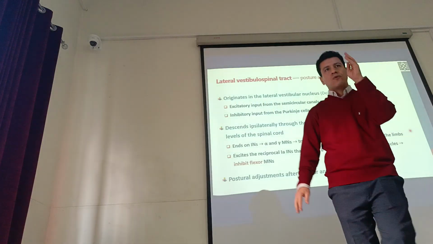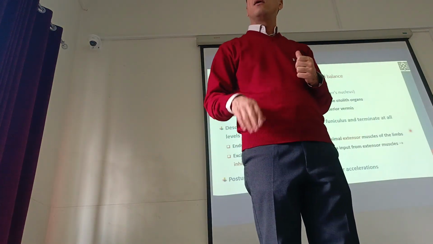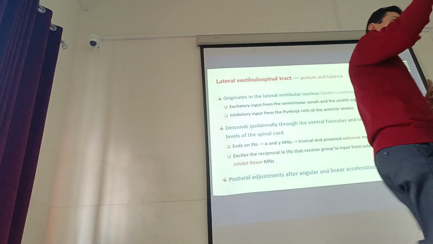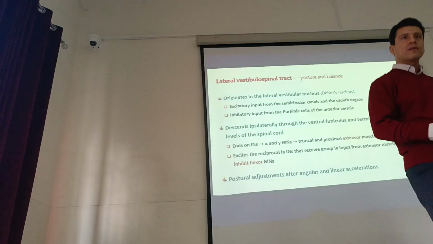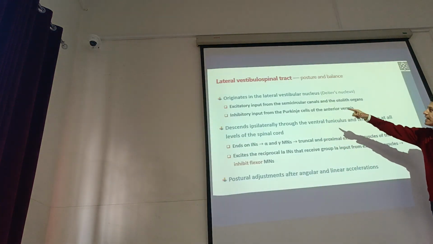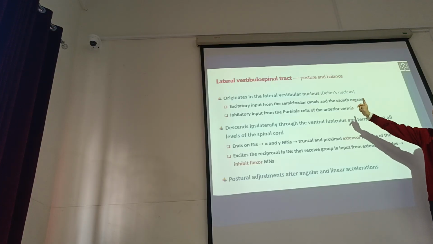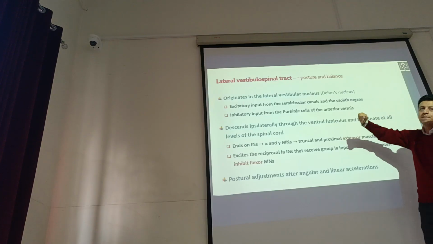So we also had four nuclei called vestibular nuclei. They were the origin of lateral vestibulospinal and medial vestibulospinal tract, right? So let's see the lateral one. It originates from lateral vestibular nucleus. The other name is Deiters nucleus. Okay.